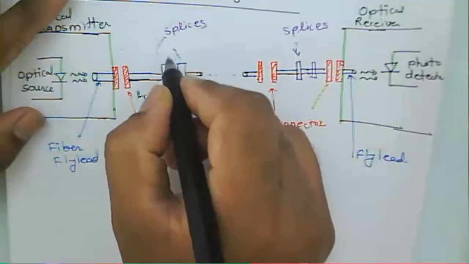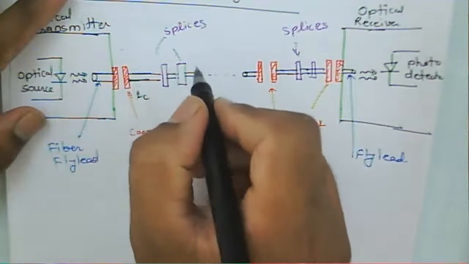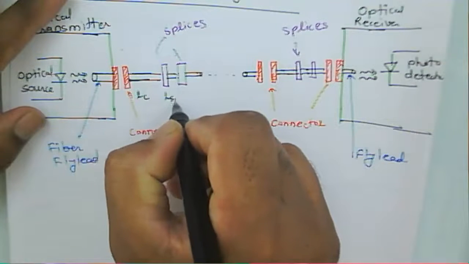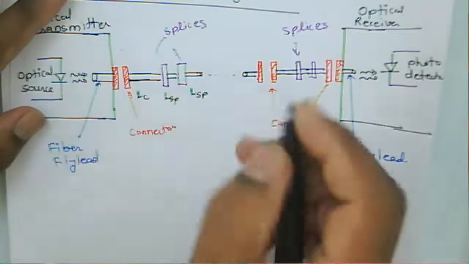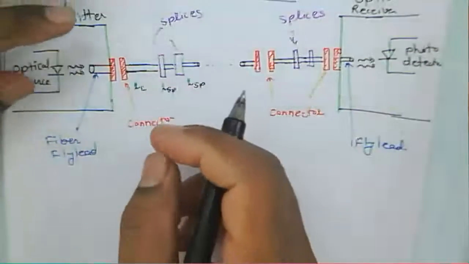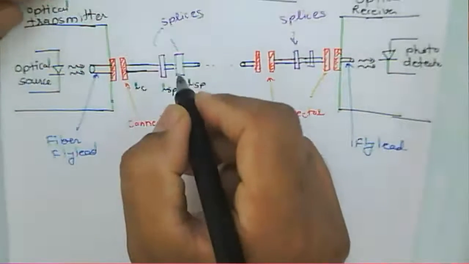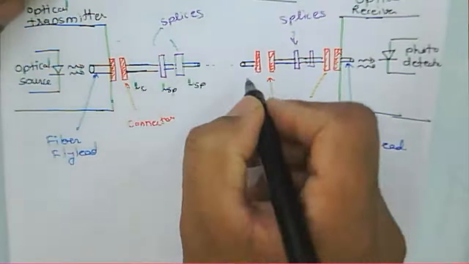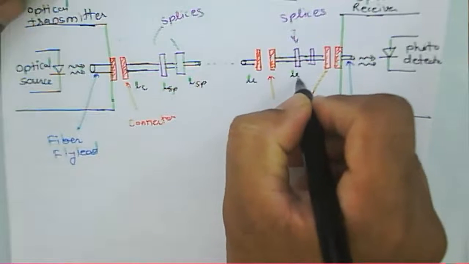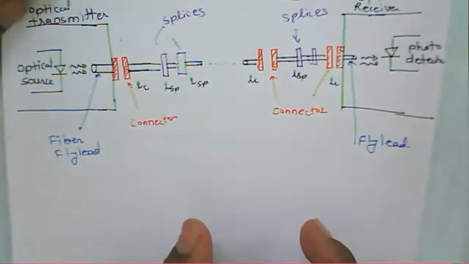Then we have the fiber splices because that length of the fiber is large. So we have a splice loss. We need to join the two fibers using a splicing technique. So there are losses due to the splices, losses due to the connector, losses due to the splices, and losses due to the connector in this optical fiber length.